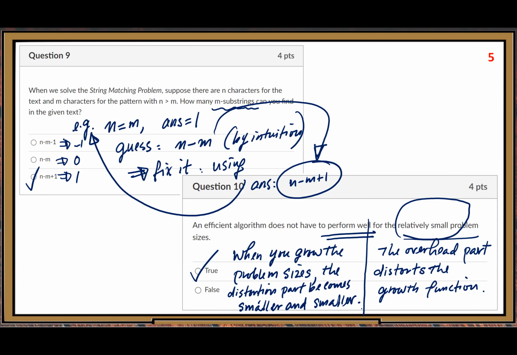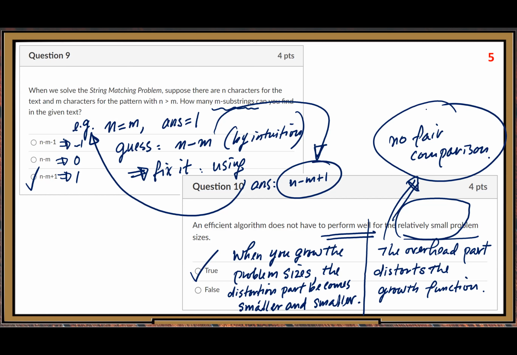Very, very small, then you can ignore it. So then you can do fair comparisons. And for relatively small size, because the distortion is too big, the result is no fair comparison. So that's the reason we want to bypass the relatively small problem size, to remove the effect from the distortion part.